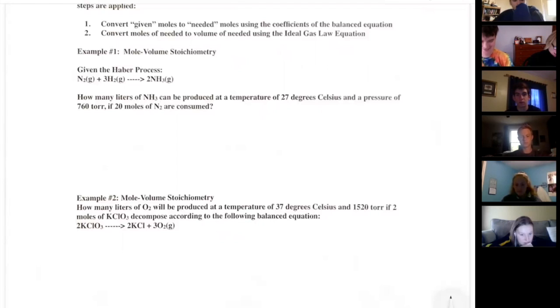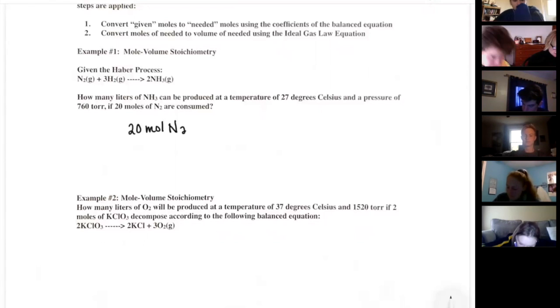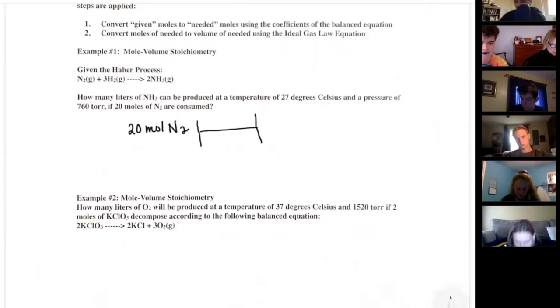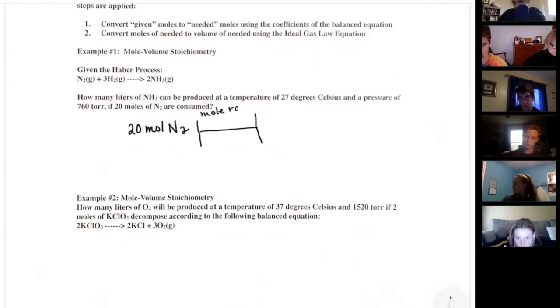So, starting with the given number of moles, we have 20 moles of nitrogen. And we need to figure out the needed moles. So here we're going to use the coefficients in the balanced equation. This is basically the mole ratio. Okay, the mole ratio.